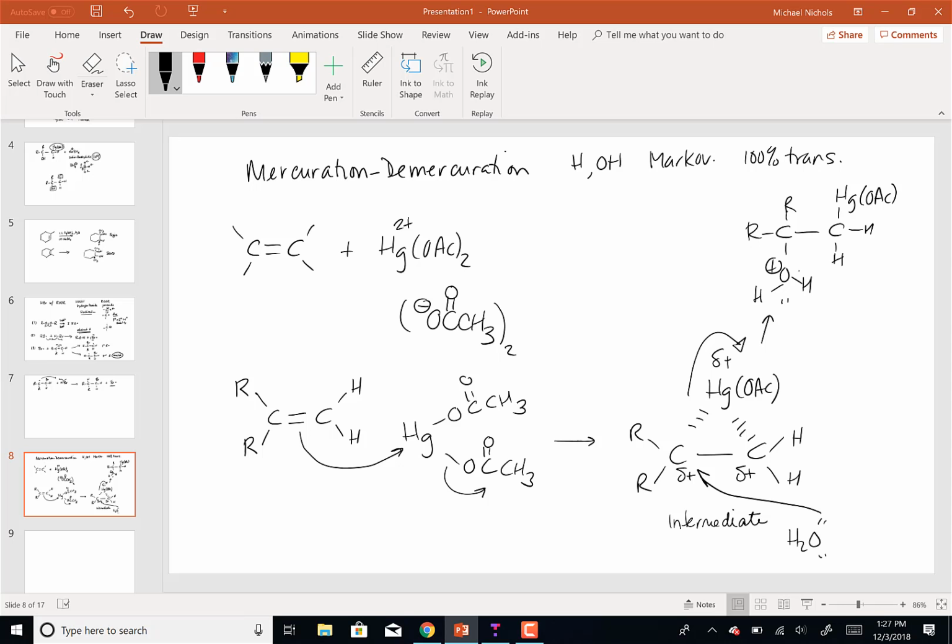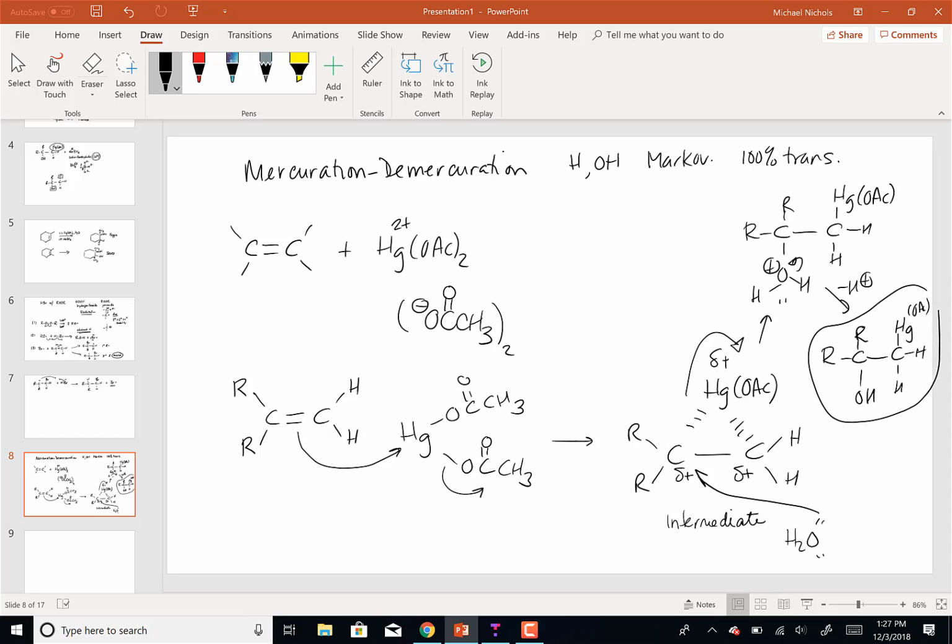And then we break the bond and we lose the H plus, so that our final product then, again, has added OH and the mercury trans.